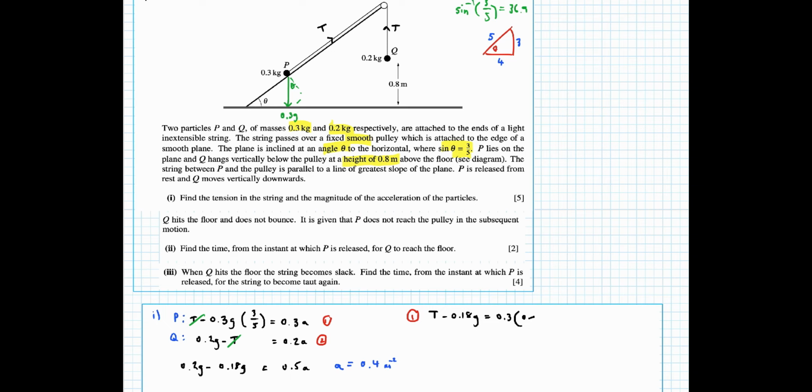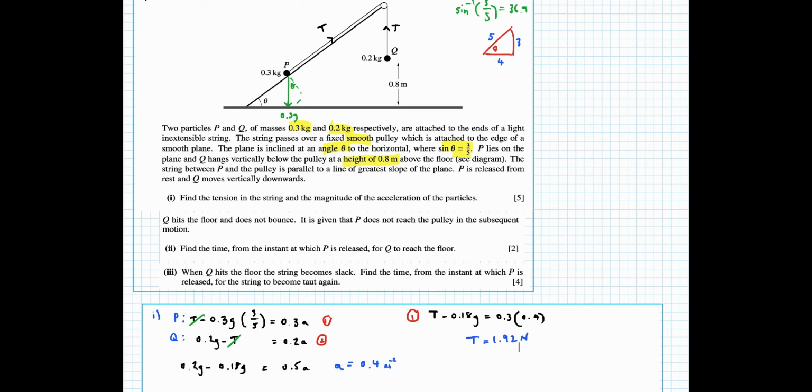I'll just fix that. 0.4, yeah. So our tension is 1.92 newtons. That's our first part done. We've 2 more parts now.